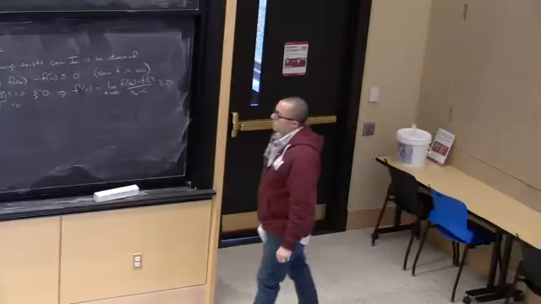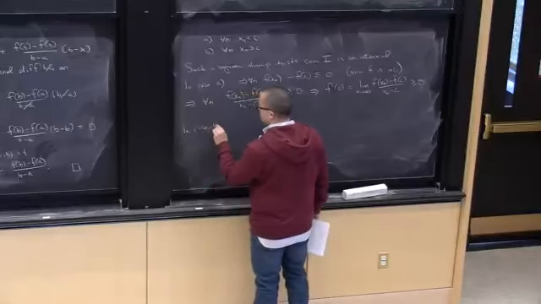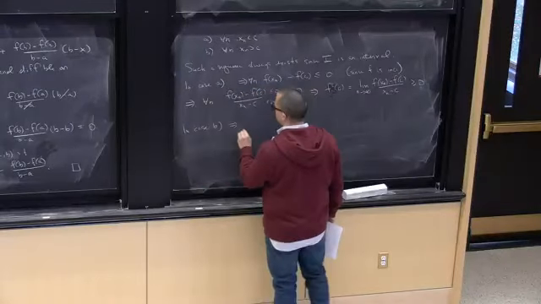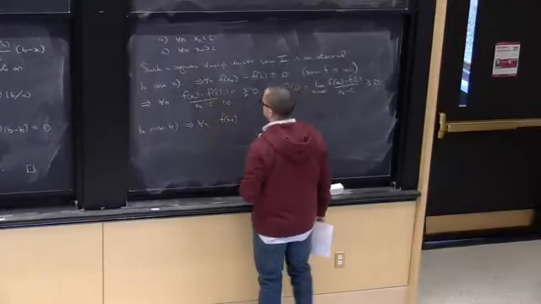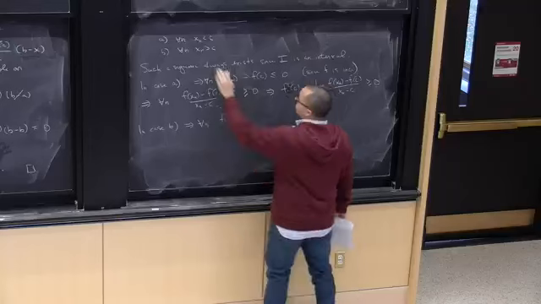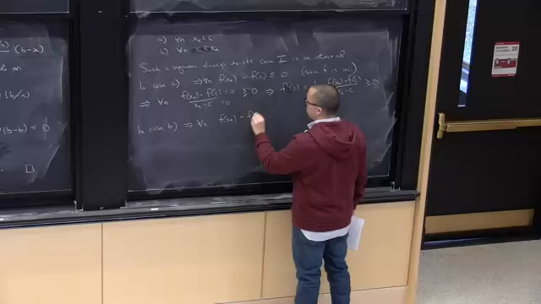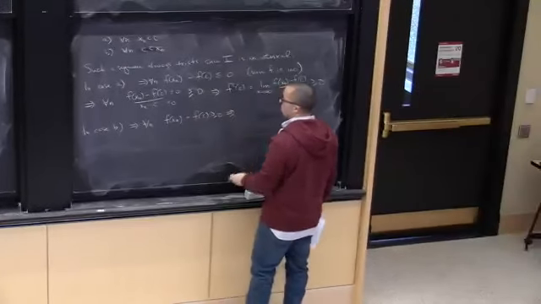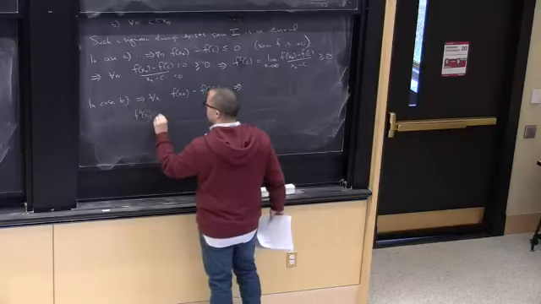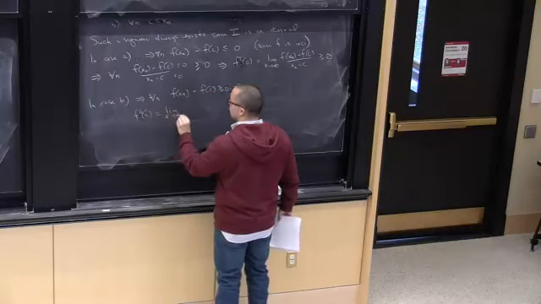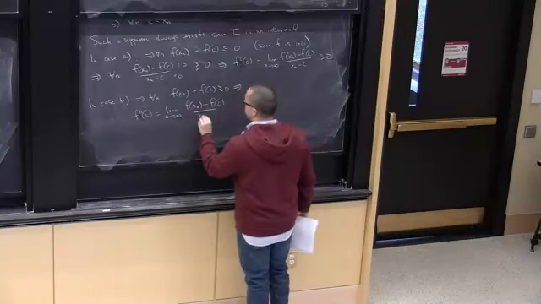Okay? And case B is similar. In case B, we get that for all n, f of xn minus f of c is bigger than or equal to 0, since xn is to the right of c, which implies that f prime of c, which is the limit as n goes to infinity of f of xn minus f of c over xn minus c.